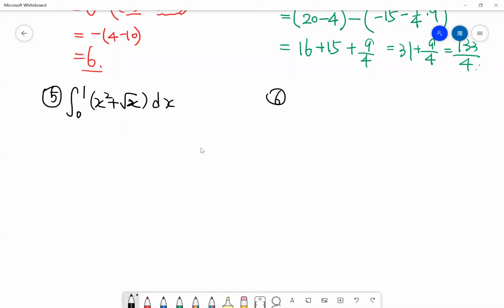And number 6 here, that is from 1 to -1, x plus 1 all squared dx. Okay, so please calculate these two definite integrals.